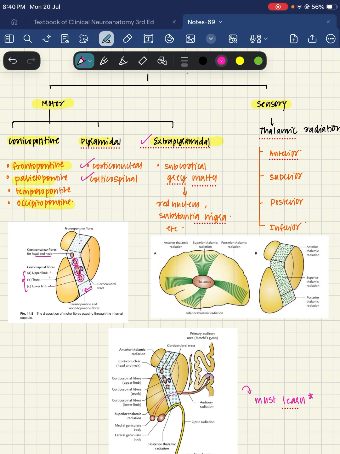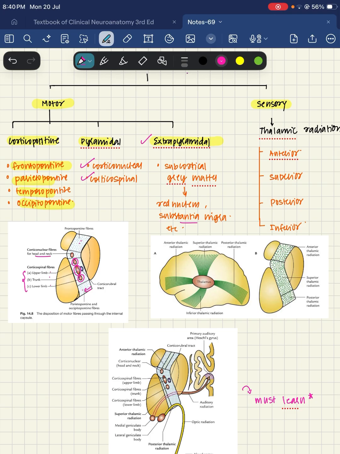They are in the extrapyramidal system, and they are usually helpful in involuntary movements. As you know, a lesion in the substantia nigra causes Parkinson's disease, right? So these are the extrapyramidal fibers also.